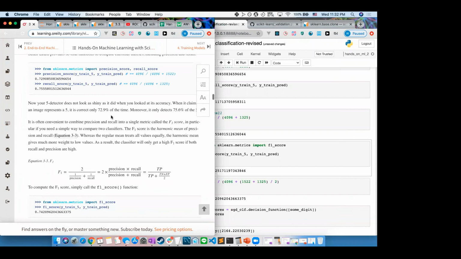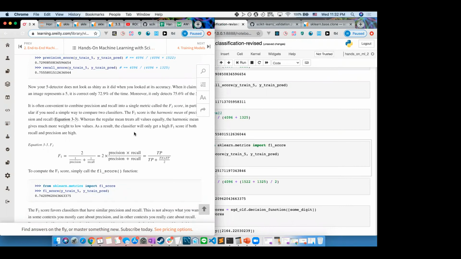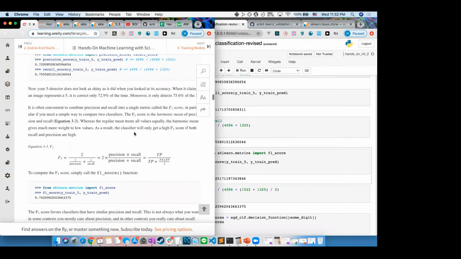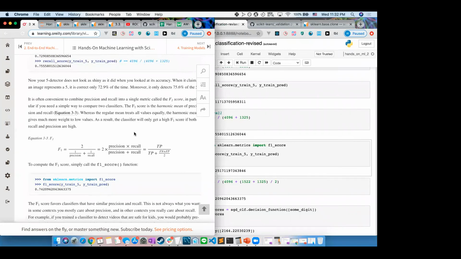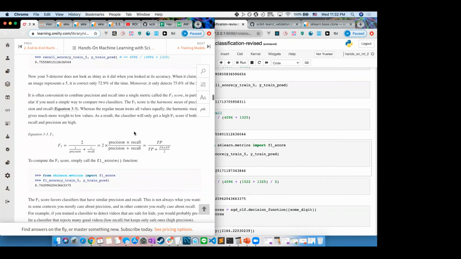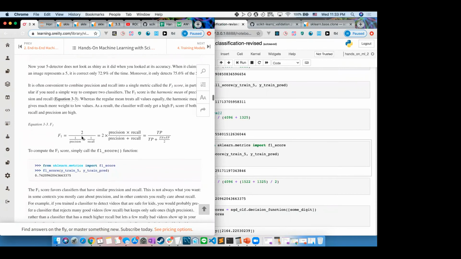Okay, it's often convenient to combine precision and recall into a single metric called the F1 score. In particular, if you need a simple way to compare two classifiers, the F1 score is the harmonic mean of precision and recall, whereas the regular mean treats all values equally. The harmonic mean gives much more weight to low values. As a result, a classifier will only get a high F1 score if both recall and precision are high.